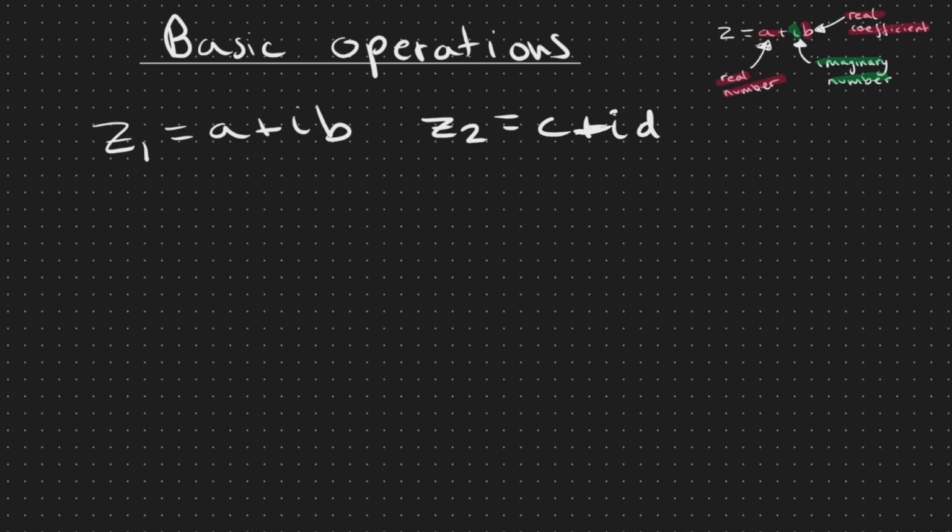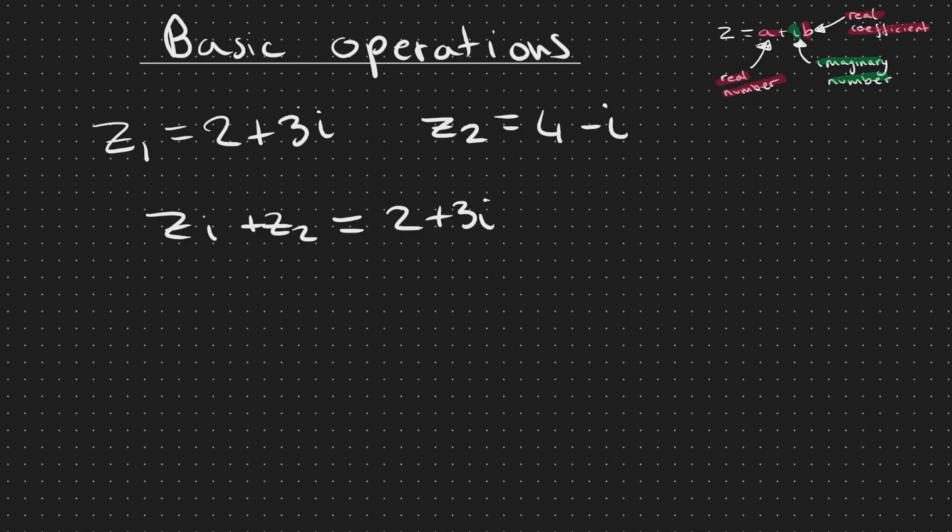So let's add the complex numbers 2 plus 3i and 4 minus i. So what do we do here? z1 plus z2. Well, very simply, we're going to start by saying it's 2 plus 3i plus, open brackets, 4 minus i. We can just very simply write it like this to begin, to not confuse us.